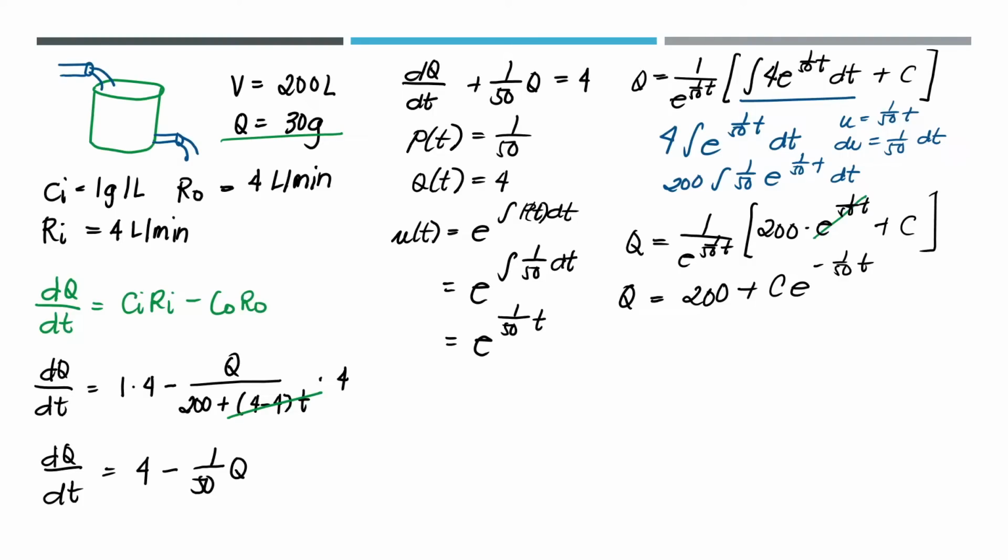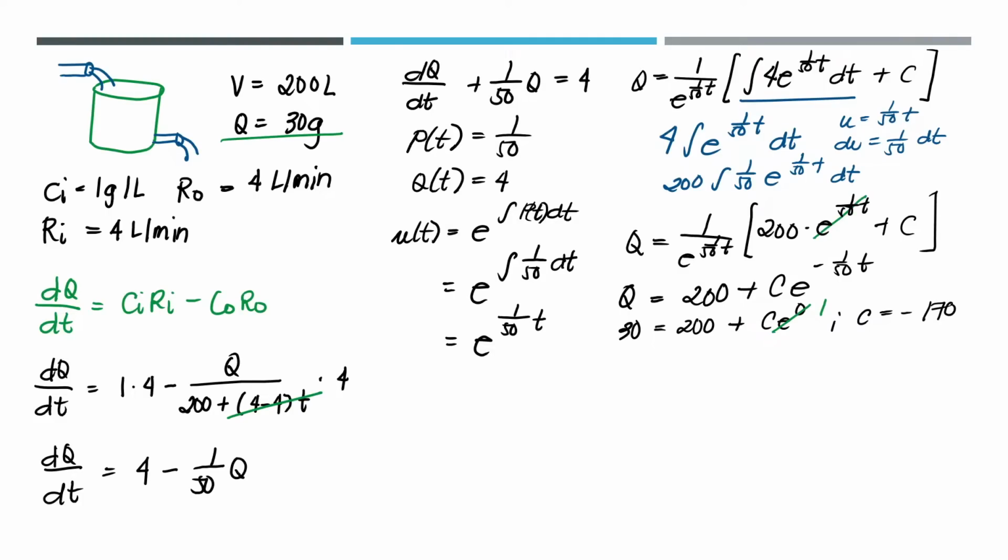So we use that: 30 is equal to 200 plus C e raised to 0, because negative 1 over 50 times 0 is just 0, so this is just 1. Therefore, C is equivalent to negative 170, because you transpose 200 to the other side: negative 200 plus 30, which is negative 170.